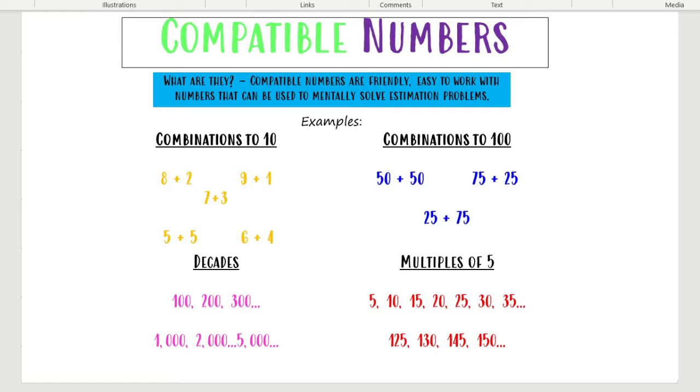So these are concepts that we use all the time in the real world. So what is a compatible number? I said I like to connect it to friendly number. They are numbers that are slightly adjusted to create groups of numbers that are easy to compute mentally.